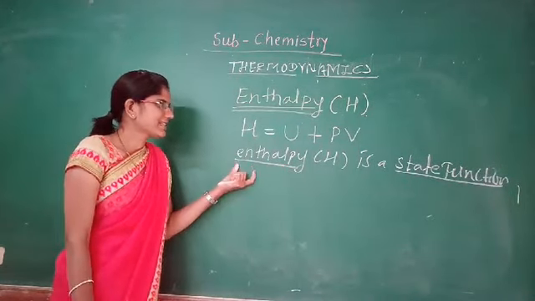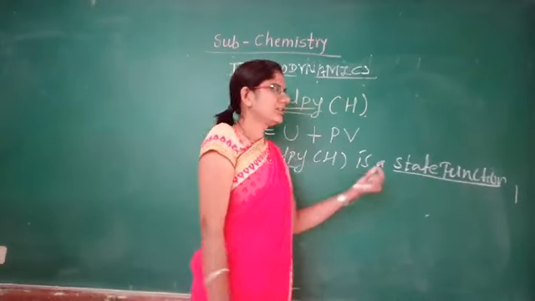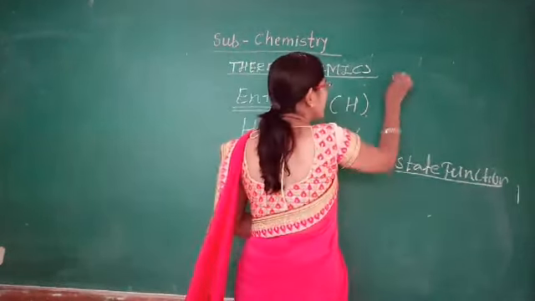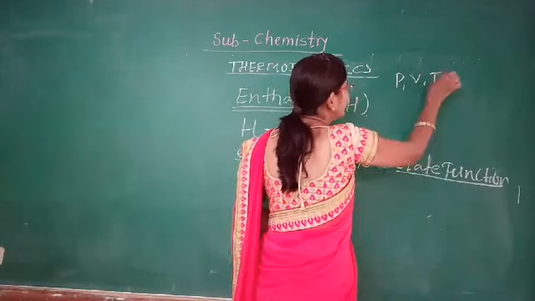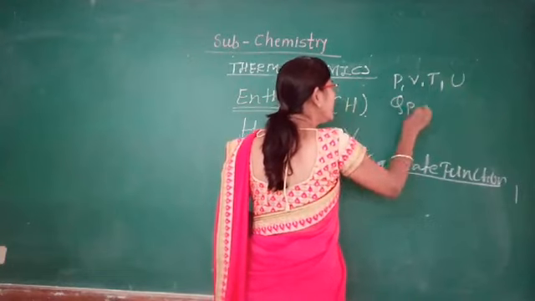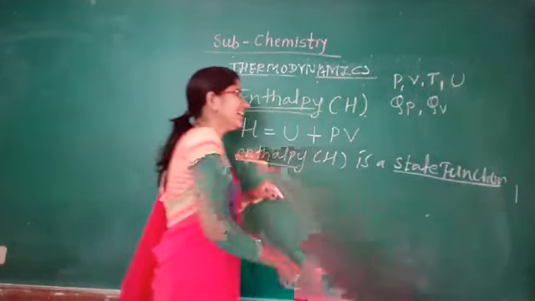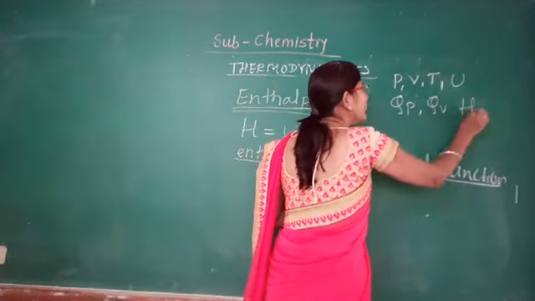And this is the next function. So here we have seen the state functions: pressure, volume, temperature, internal energy, QP, QV, and here one more is added, that is the enthalpy.